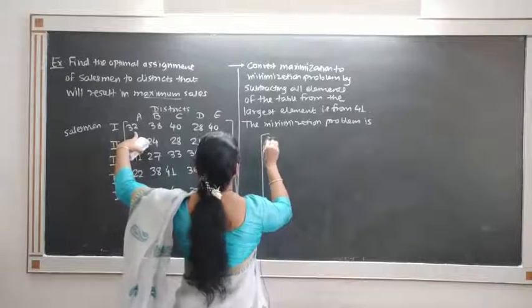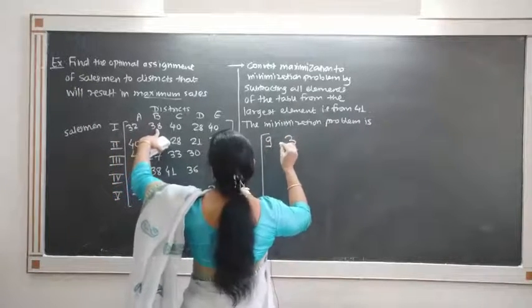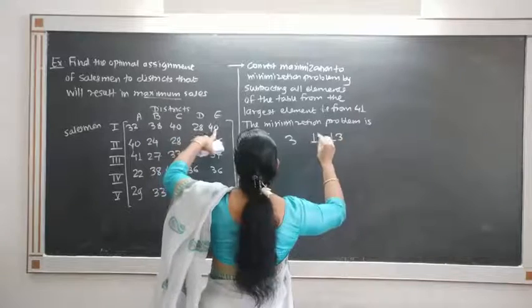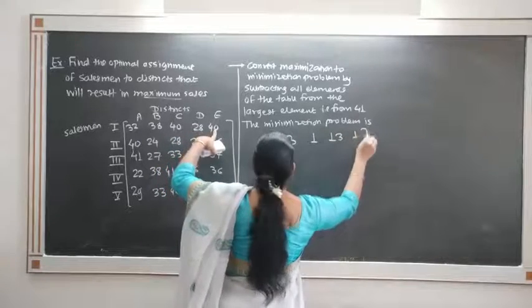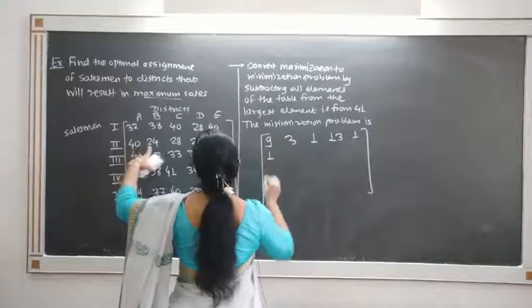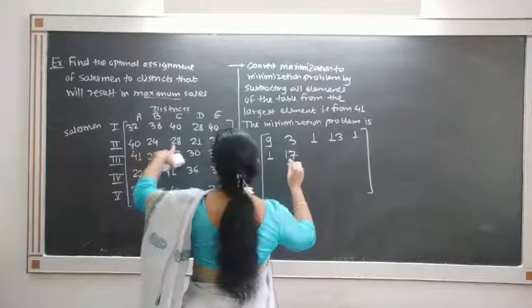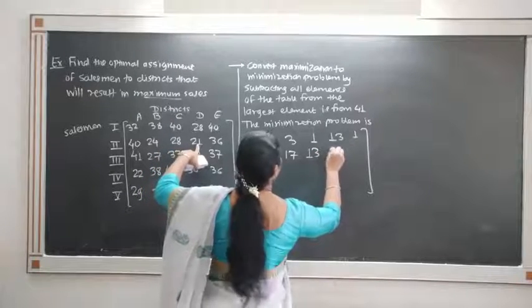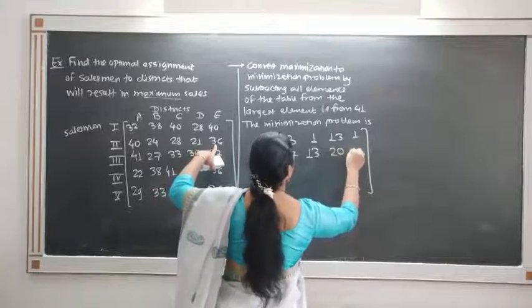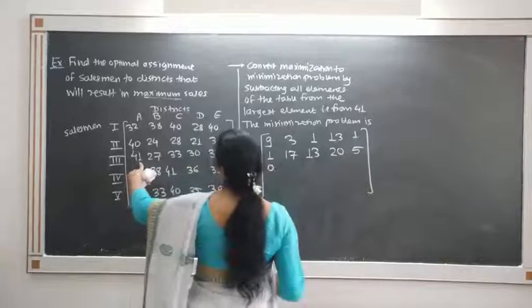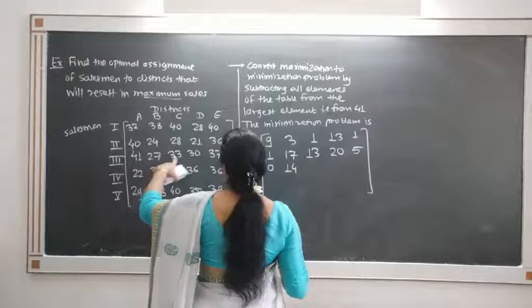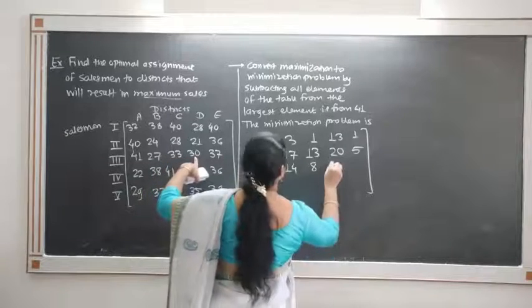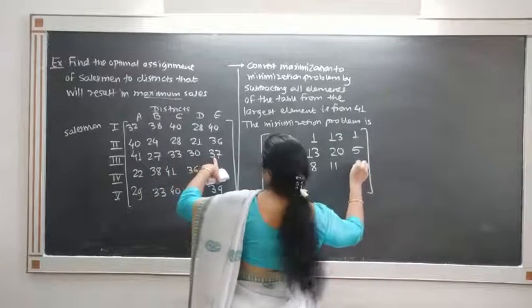So 41 minus 32 is 9, then 3, 1, 13, 1, 1, 17, 13, 20, 5, 0, 14, 8, 11, 4.